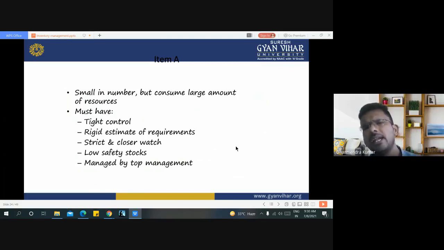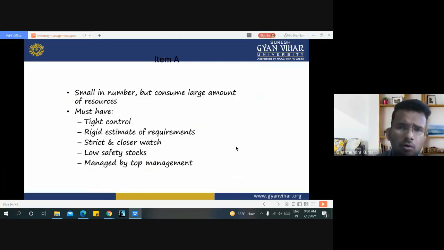Since A category items carry more inventory cost, they are directly managed by top management. Generally, in item A, we keep some heavy machinery. It consumes approximately 60 to 70% of the overall inventory cost.